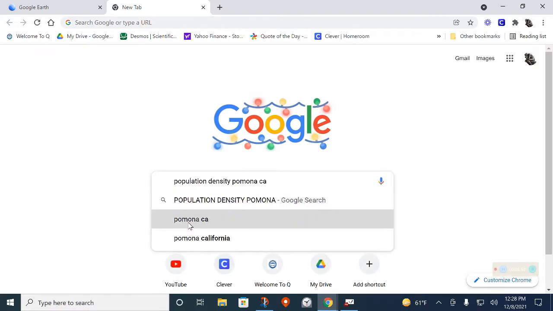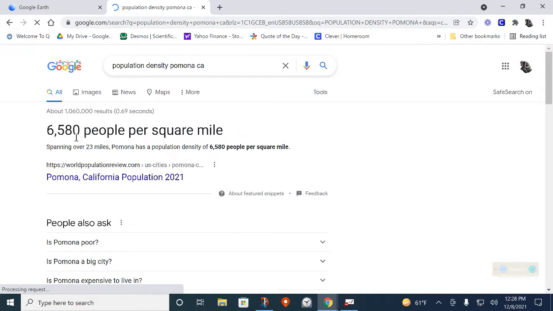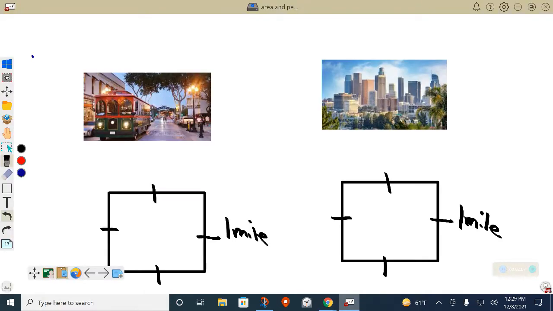Look what it's going to spit out. 6,580 people per square mile. That's how dense it is. So in other words, for every square mile of Pomona, you have about 6,580 people.